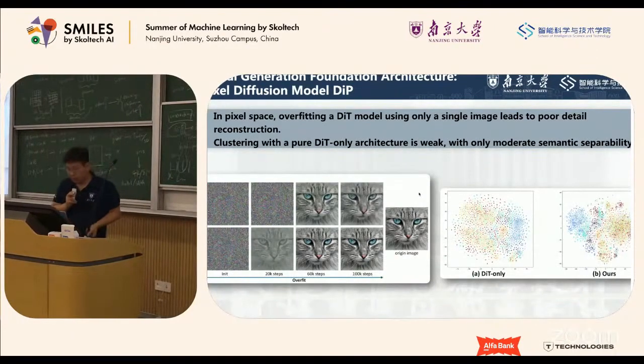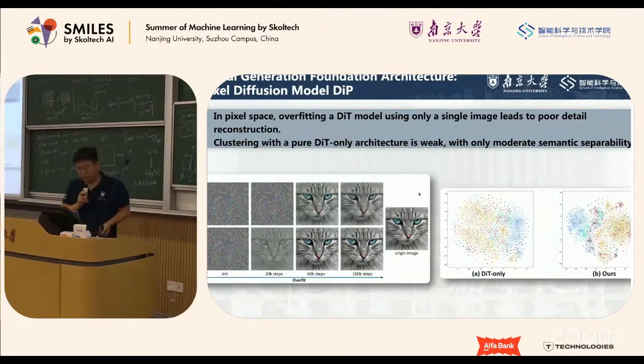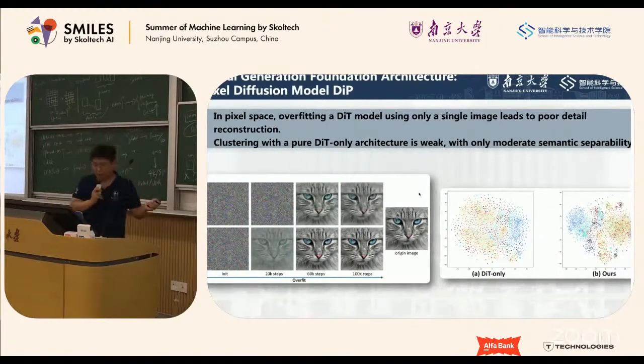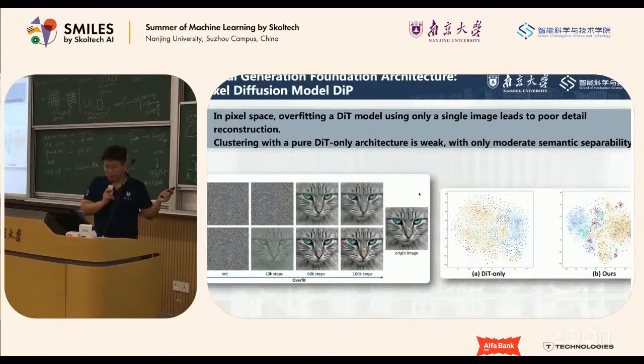So this suggests that the global modeling only in DiT architecture is insufficient for local texture reconstruction. So this motivates us to combine the local modeling and global modeling with the local inductive bias together.